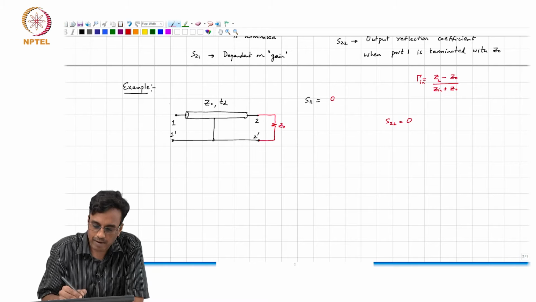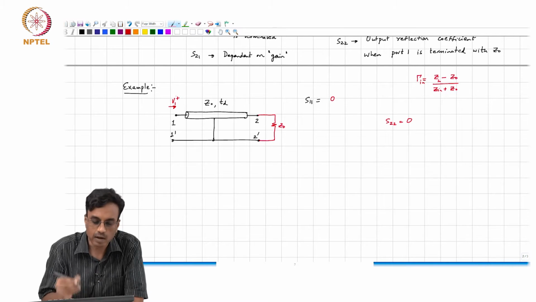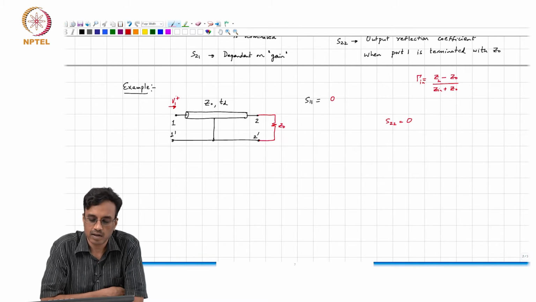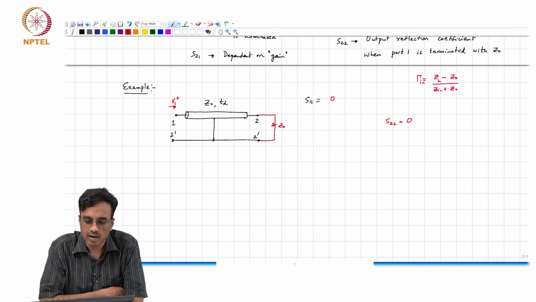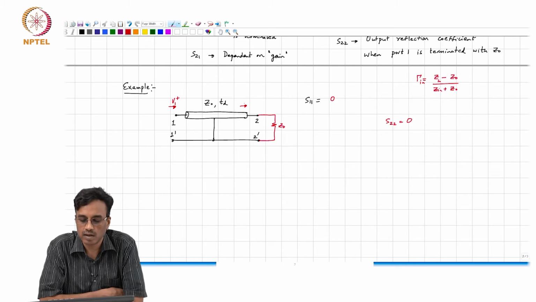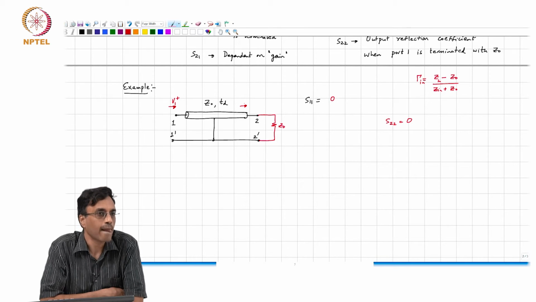Now, the next thing to do is find S12. So, we have some V1 plus here, correct. And remember that the reflection coefficient is 0. So, basically you have some incident wave here. This is V1 plus. What comment can we make about the forward wave there?